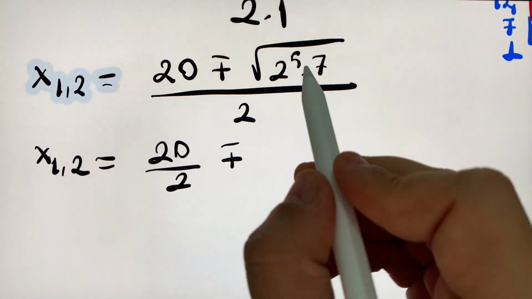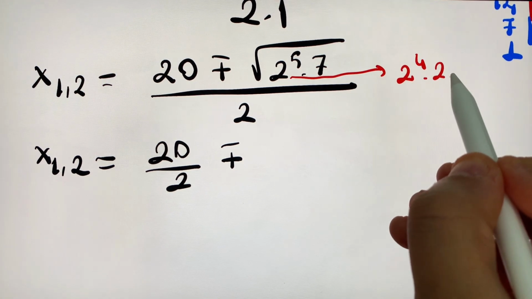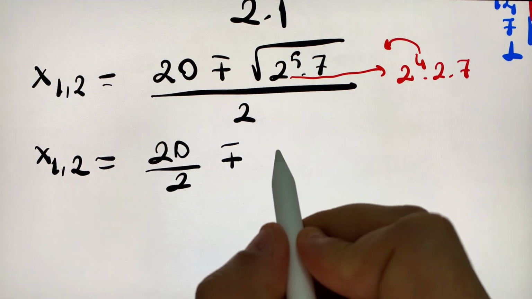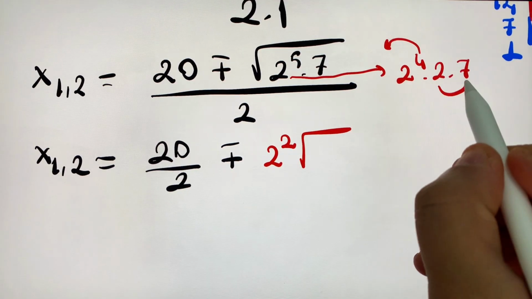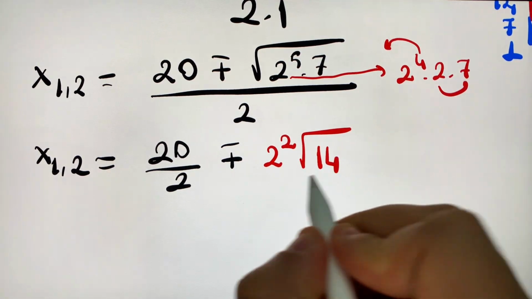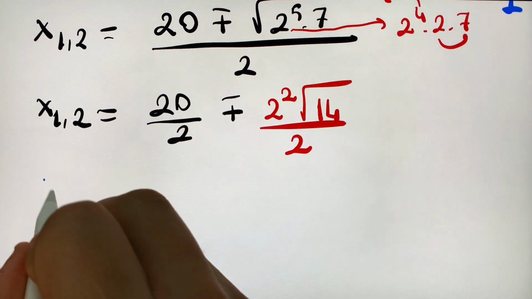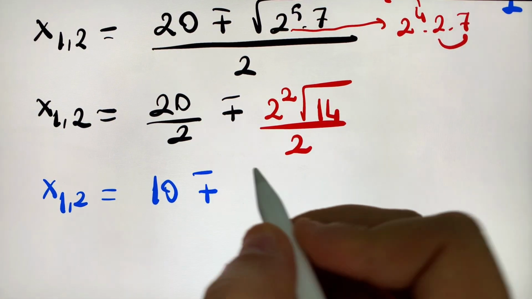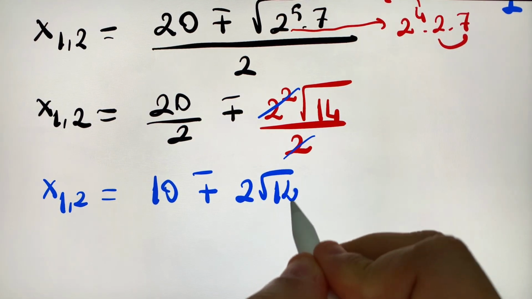If you pay attention, I can write 2 to the 4th times 2 times 7. In this case, 2 to the 4th can go out of the root as 2 squared, which is 4. The product of these two numbers left in the root is 14. So x1,2 is equal to 10 plus minus 2 root 14, simplifying.